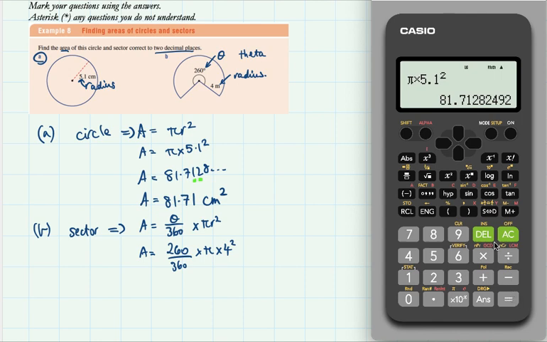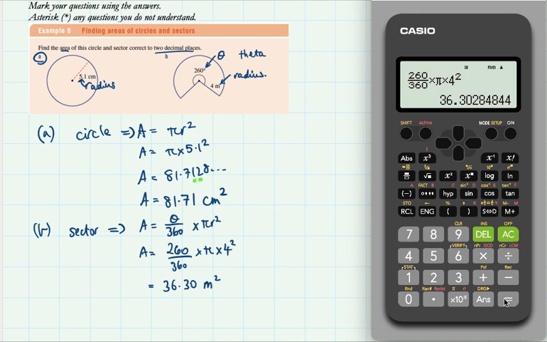Let's put this in our calculator using the fraction button to help us. So there we go, we have our answer of 36.30 meters squared.